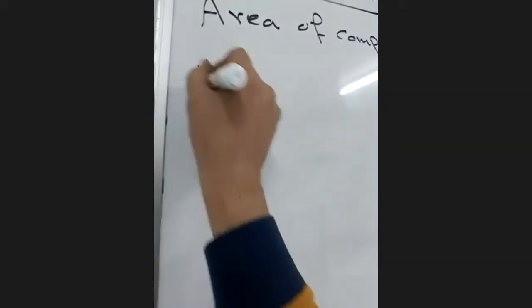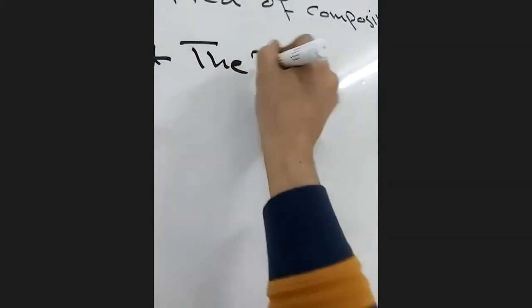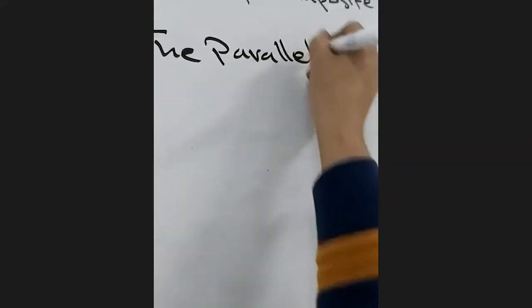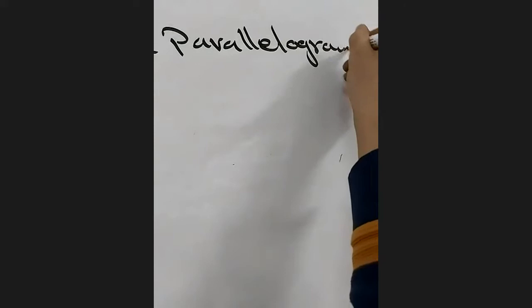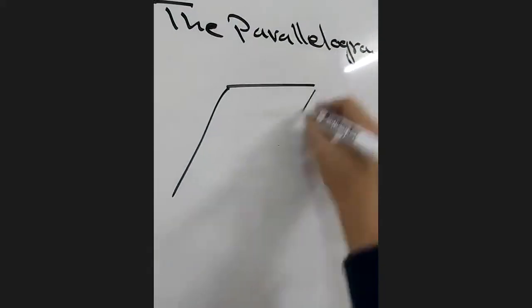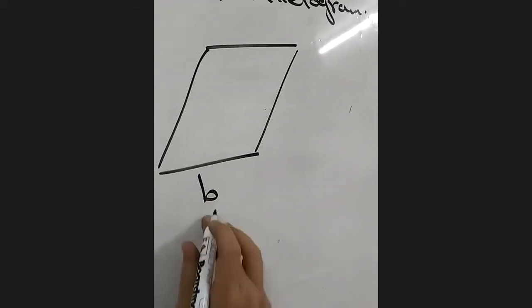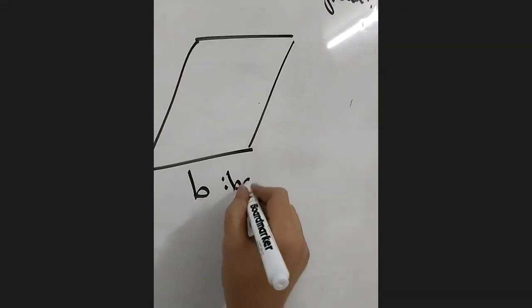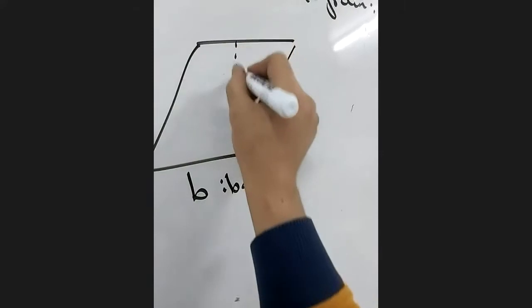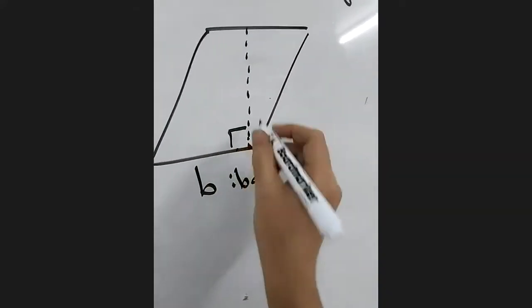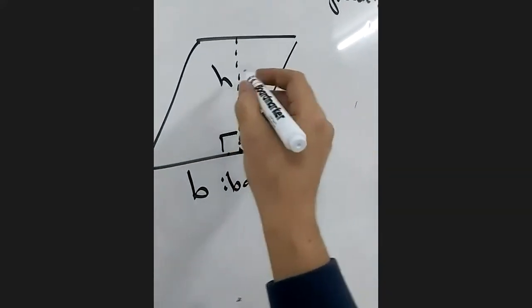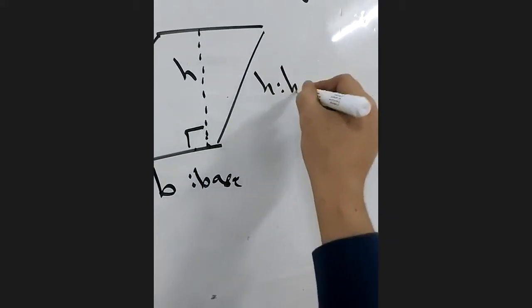Okay, guys? So the first figure here is the parallelogram. Now the parallelogram, guys, has two dimensions. Base, B means base, and its height, H. H means height.